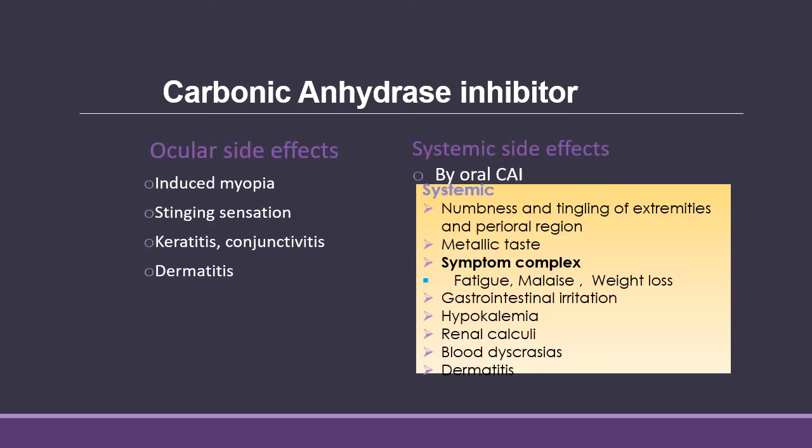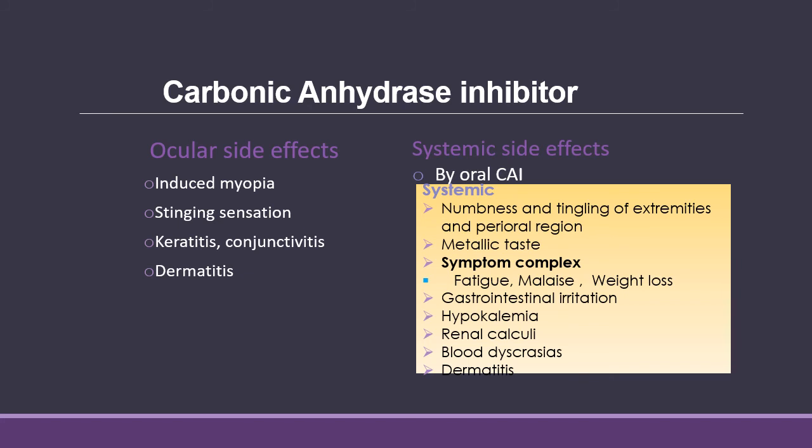So carbonic anhydrase inhibitors cause ocular side effects like inducing myopia, stinging sensation, keratitis, conjunctivitis and dermatitis. Most important are the systemic side effects of oral acetazolamide tablets: it causes numbness and tingling of the extremities and perioral region, and metallic taste.